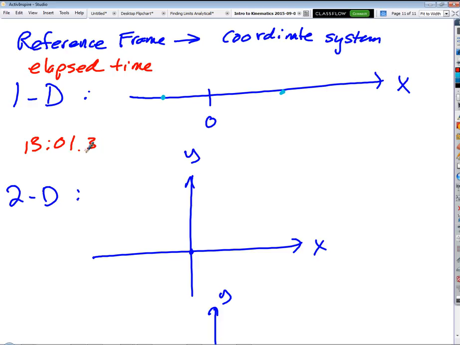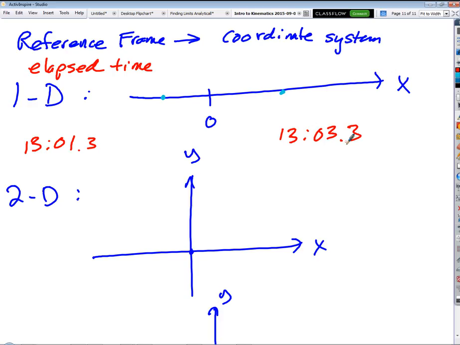If that's when I start, and then you notice that when you get to the frame where I'm right here, you look down at the bottom corner of the video recorder and it says 13 minutes, 3.3 seconds. How do I calculate my elapsed time? Just subtract them, right? So I have to have some reference time, call it that, right? And in order to calculate the elapsed time. Okay, getting the idea. All right.